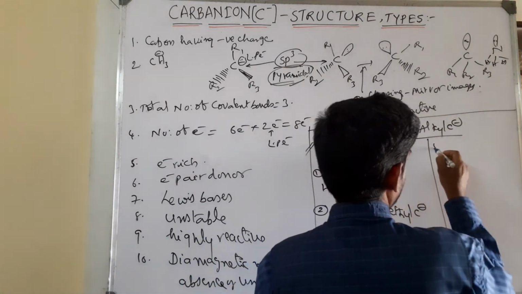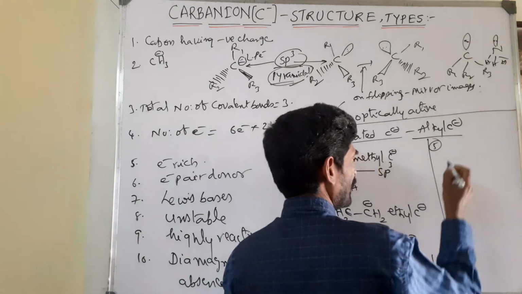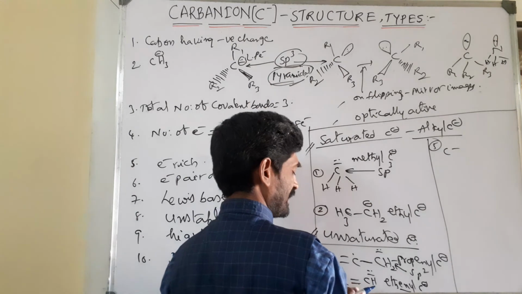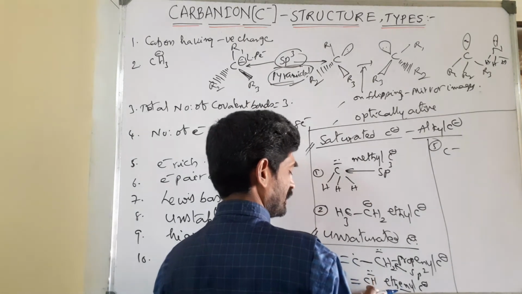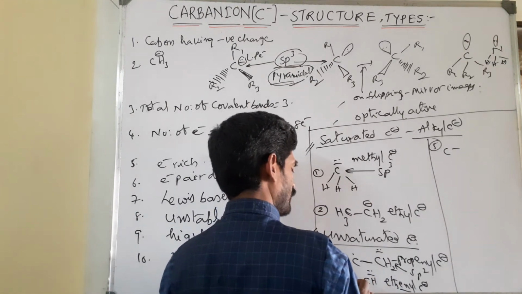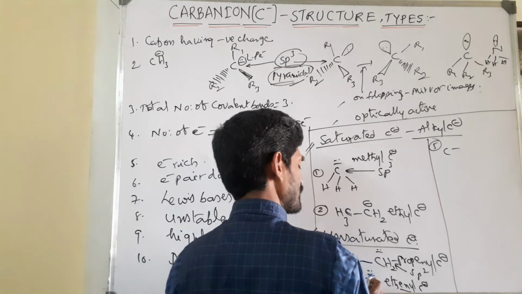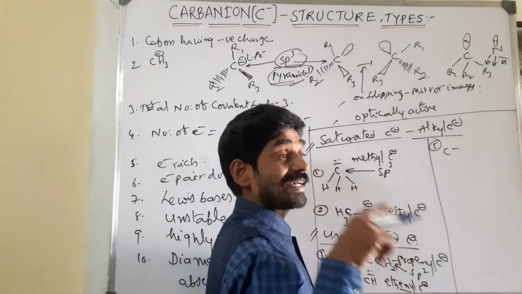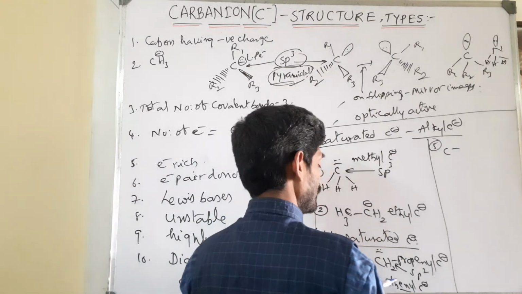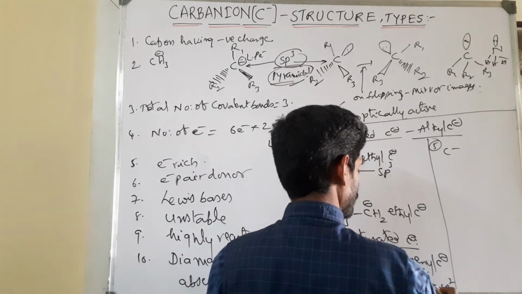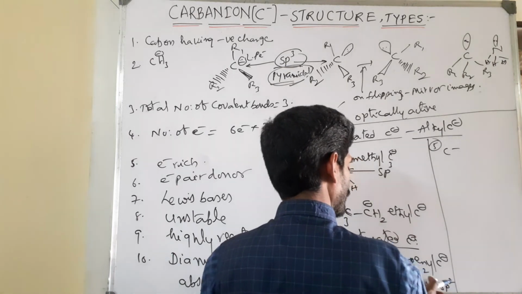Next, take propynyl carbanion. Here one sigma bond is there, another sigma bond is there, and one pi bond is present, and the lone pair is present on the sp2 hybrid orbital, so this carbon atom undergoes sp2 hybridization. Take care here, this is very important, my dear students.